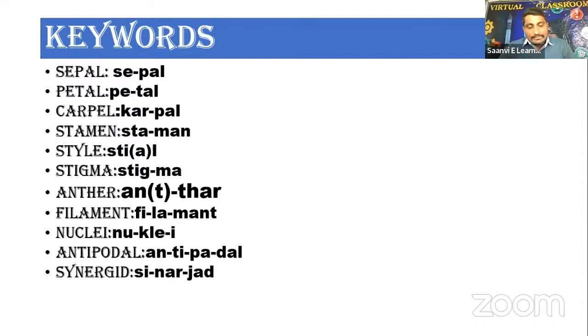Nuclei. Nuclei. Nuclei. Nuclei. Antipodal.